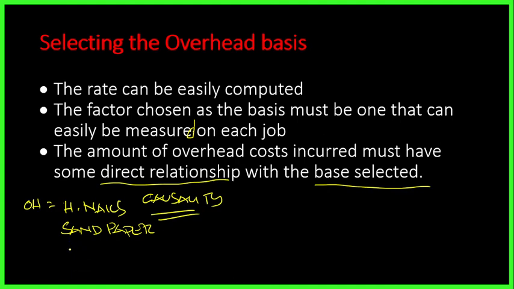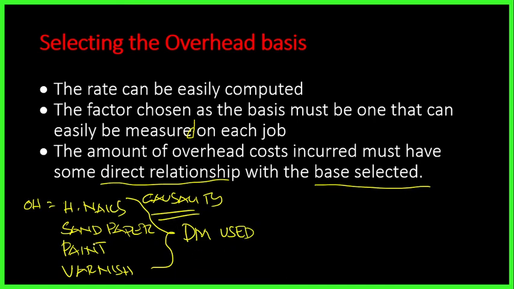Let's assume you have your paint and varnish, and so on. Now, if you look at the nature of these costs, it will not make sense if you apply them using your direct labor hours, right? You should apply them using the direct materials used, because the more materials you use, the more materials to process using your nails, sandpaper, paint, and varnish.